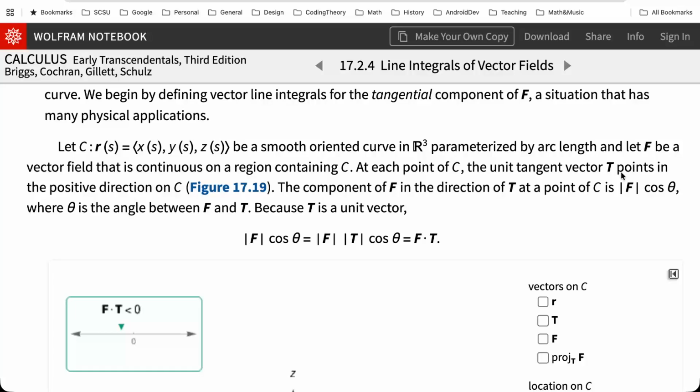That's something we've done previously when we did space curves. And that gives you the direction. That means you're going in the positive direction along the orientation of C. What does this mean? The component of F in the direction of the tangent vector. Well, they're saying it's the length of F times cosine of theta, but it's really easier to say what it is in terms of a dot product. It's the dot product of F and T.